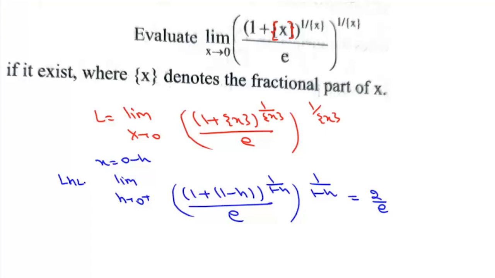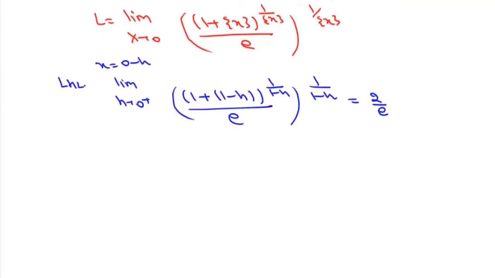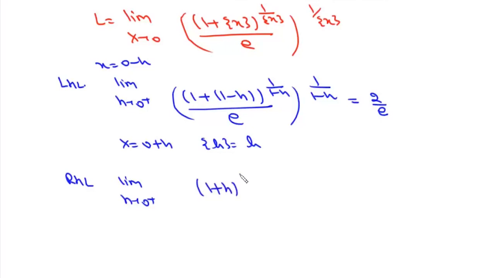Now we'll find its right hand limit. If we take x as 0 plus h, we know that the fractional part of h is simply h. So RHL will be limit h tends to 0 positive of (1 plus h) to the power 1 by h upon e to the power 1 by h.